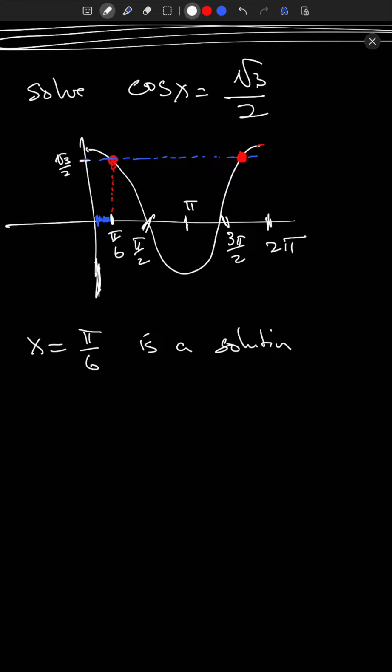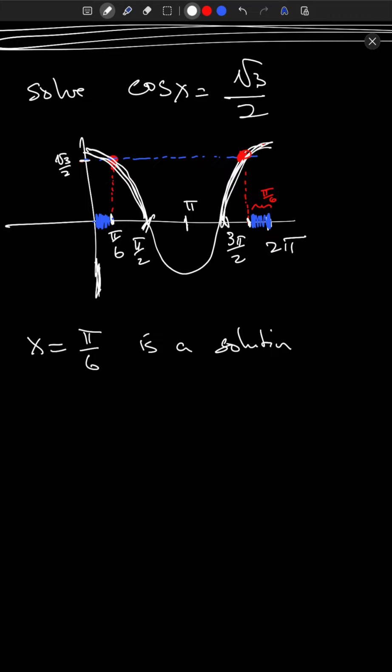Well, this hump here is symmetric to that hump, except they're kind of mirror flipped, right? And so this distance here of pi over 6 from 0 to pi over 6 is the same as this distance here from 2 pi to the left a distance of pi over 6. Okay, so this distance here should be pi over 6, and that gives us exactly the position that we're looking for.